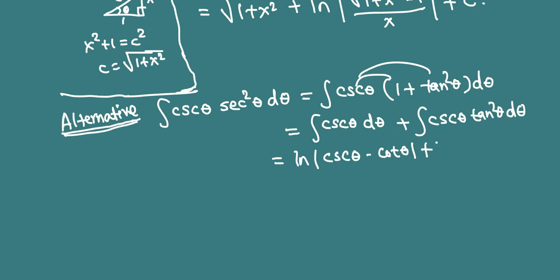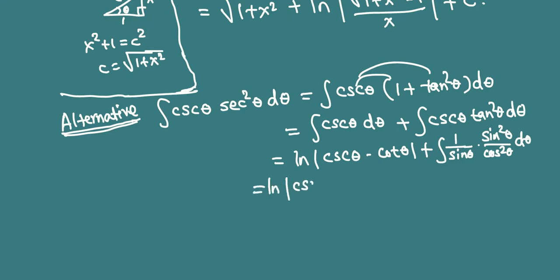Let's try to simplify. Cosecant is 1 over sine and tangent squared is sine squared over cosine squared. Now I can see cancellation.